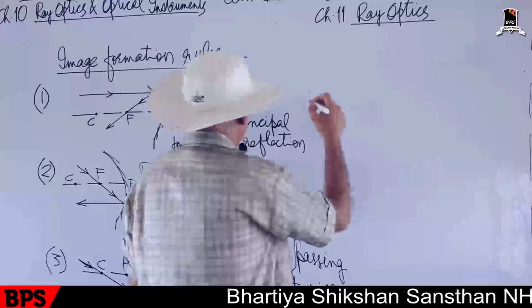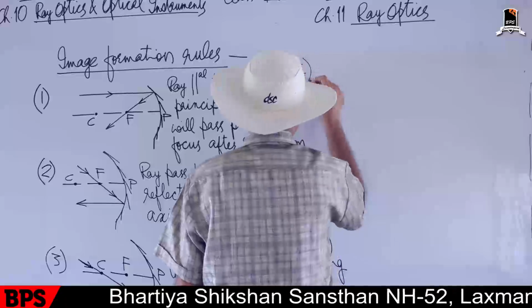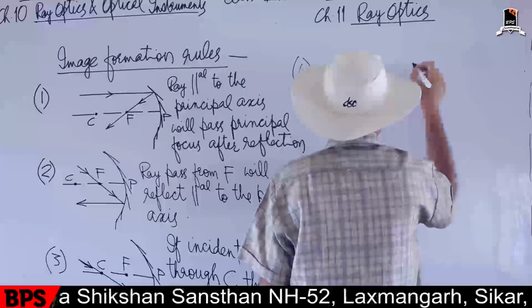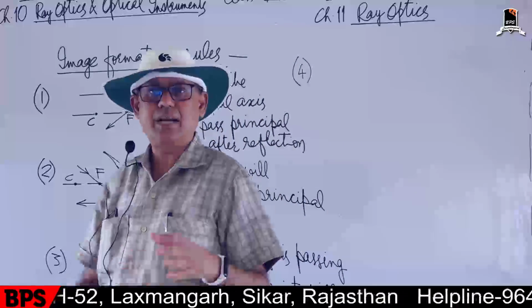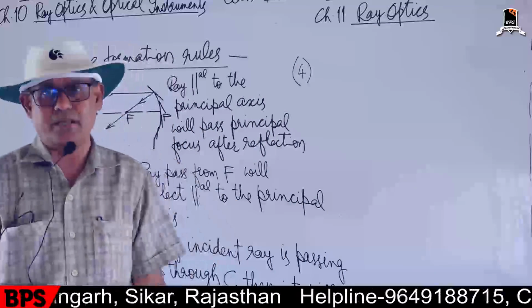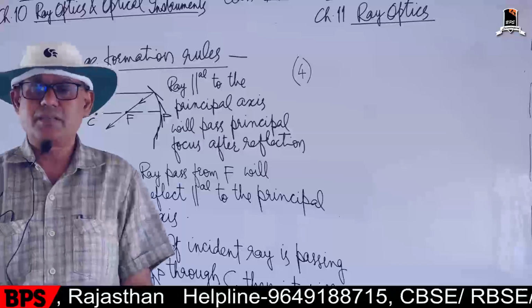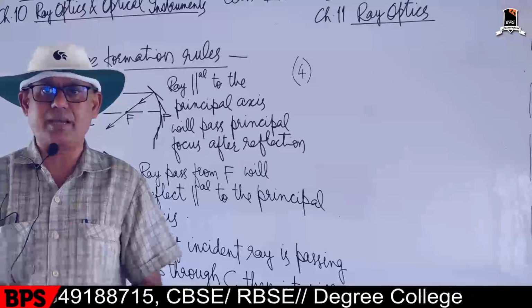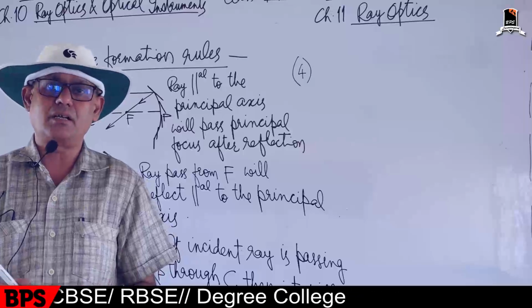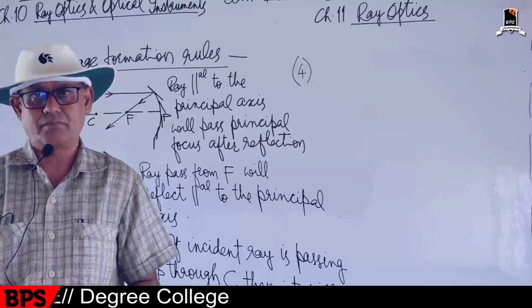Fourth rule says that if any ray is incident directly on the pole of the mirror at some angle, then it will be reflected back at the same angle following the laws of reflection.